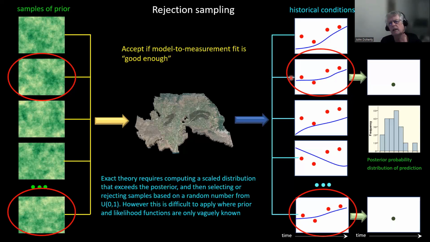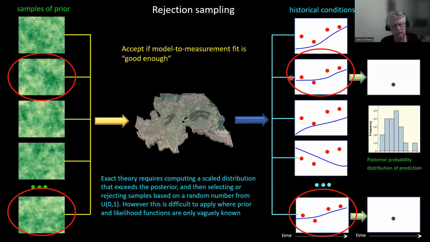And even then, they probably won't get rejected because we've got a fairly low threshold of acceptability. We'll say, oh, I'll accept this parameter field even if it just gives a halfway good fit with the data. Now, that's not good, because if you've invested money to acquire data and you're accepting a halfway good fit with the data, there's information in that data which you're turning your back on. So for 2 reasons, this is not good.